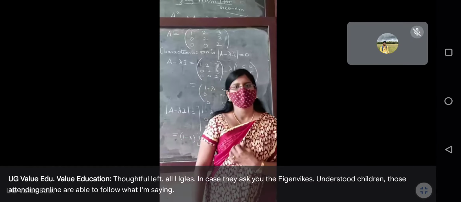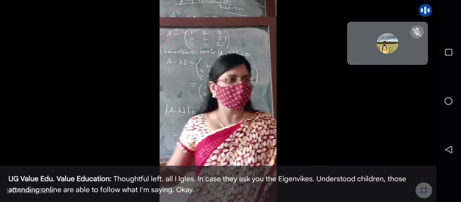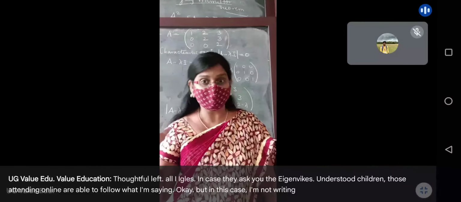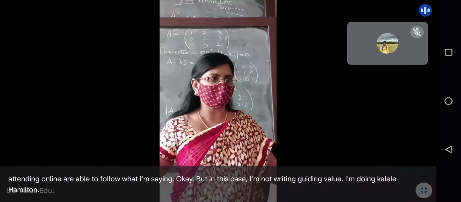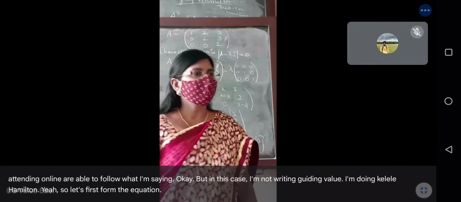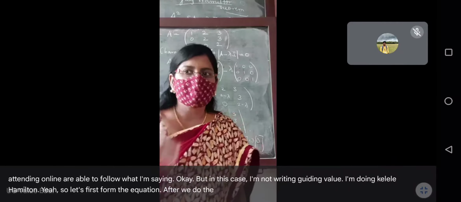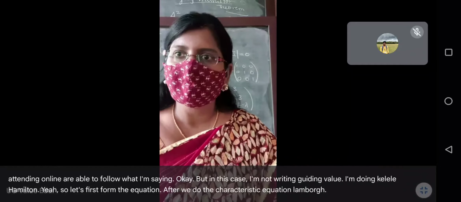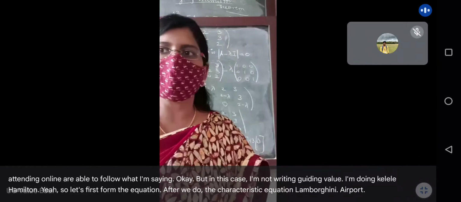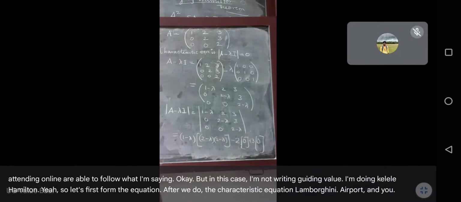Yeah, ma'am. Okay. But in this case, I'm not writing the eigenvalues. I'm doing the Cayley-Hamilton theorem, so let's first form the characteristic equation. After we form the characteristic equation, what do we put in place of lambda? We put A, wherever there is A squared, A cube.